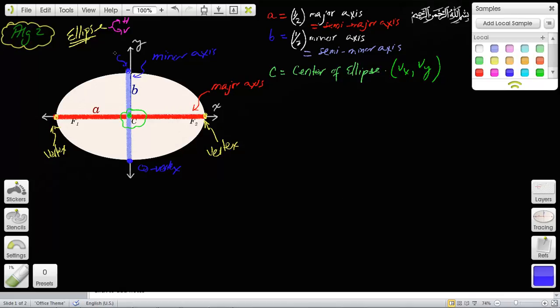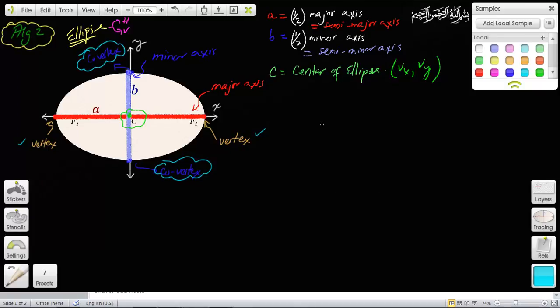Sometimes they're given different names by different people. Covertex. Alright? So again, to write it in a more simplified way, it would be like this, as I've labeled over here: vertex, vertex, covertex, or sometimes they're called minor vertices. Okay, you get the idea.